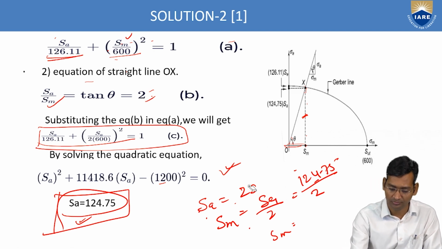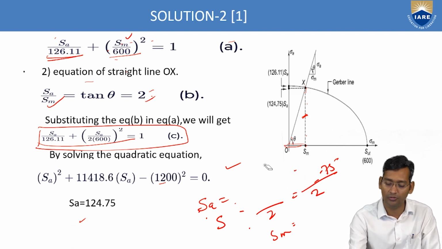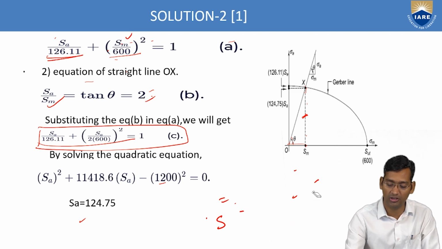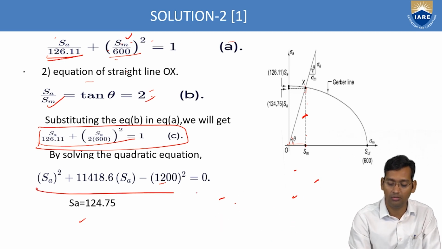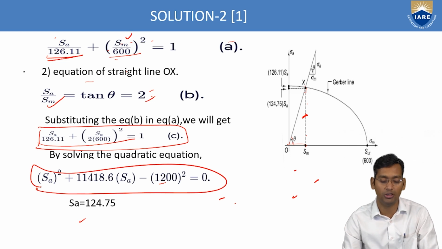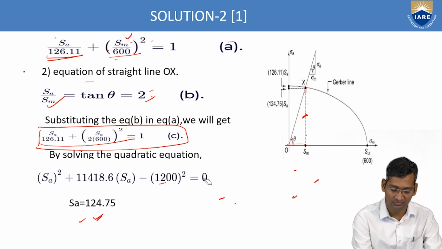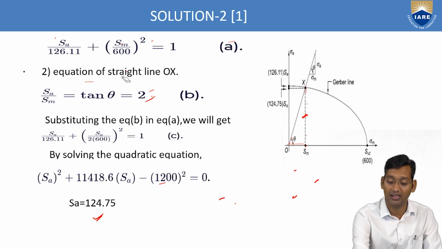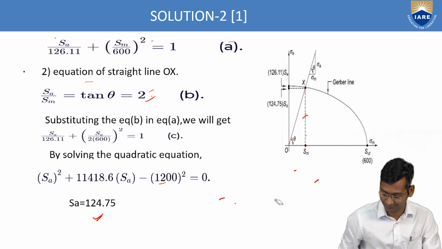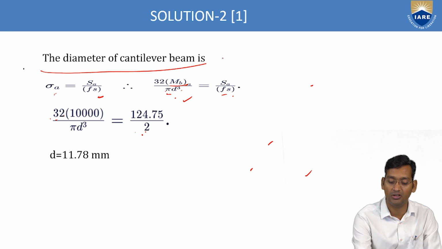Now just expand this one and solve, and that becomes a quadratic equation. After solving this quadratic equation, you will get the value of SA. Now you have SA, so what do we have to find next? The diameter of the cantilever.